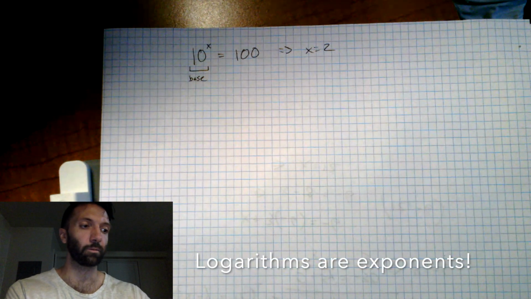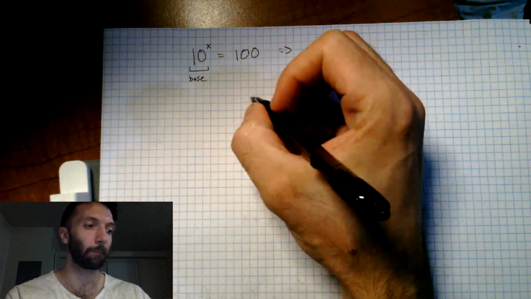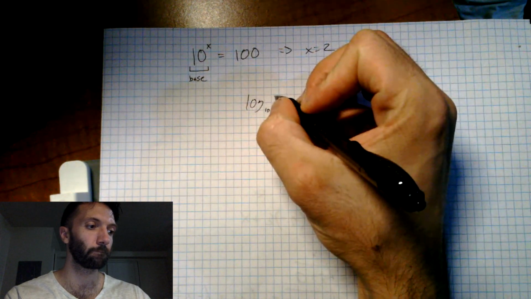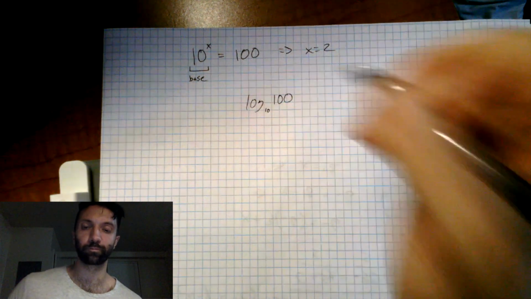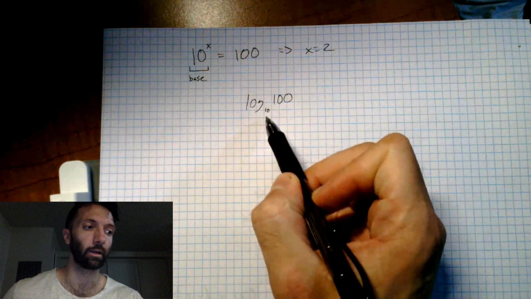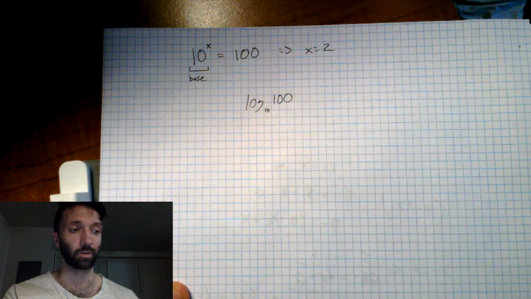So for example, we'll start with a pretty simple logarithmic expression. How we read this is log base 10 of 100, and we're going to evaluate this expression.